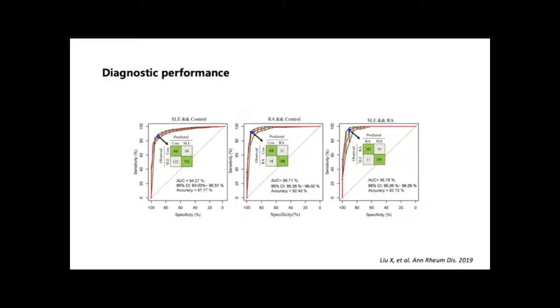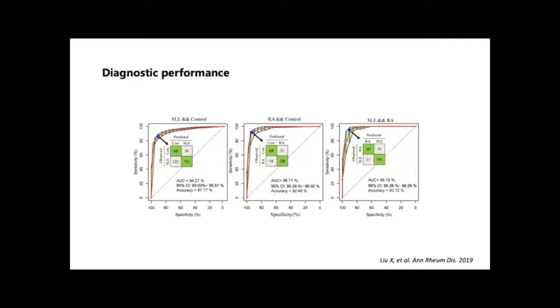Then we use our in silico identified TCRs to do the diagnosis or classification of the autoimmune disease. If we look at the SLE and the controls, we can observe a very good classification performance between SLE and the controls.